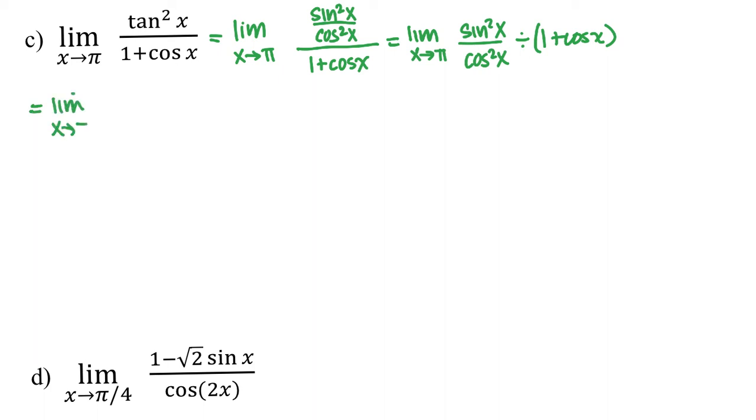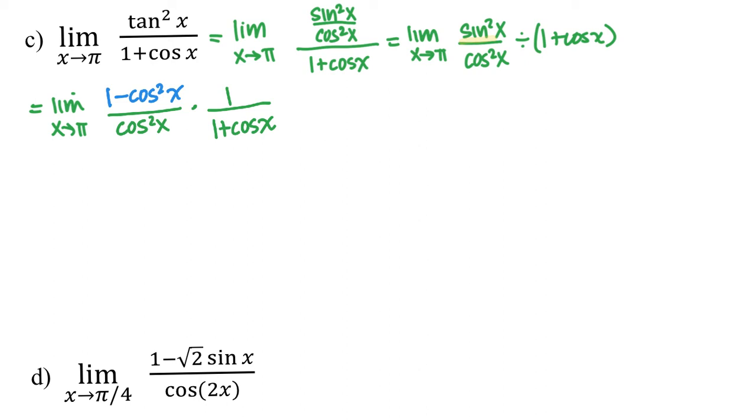Let's see, I see a lot of cosines in here too, actually. I'm going to rewrite sine squared as 1 minus cosine squared while I do this step. Times 1 over 1 plus cosine x.